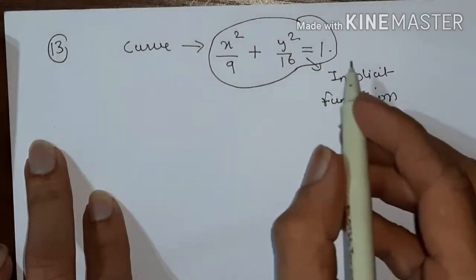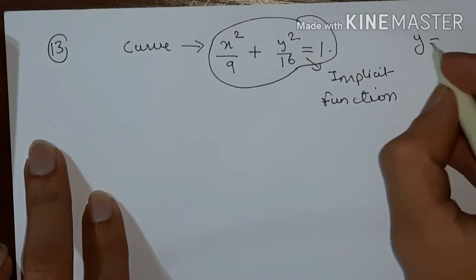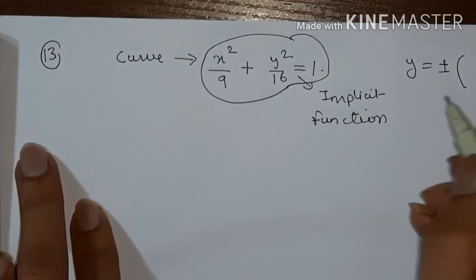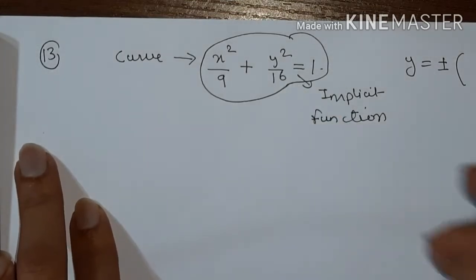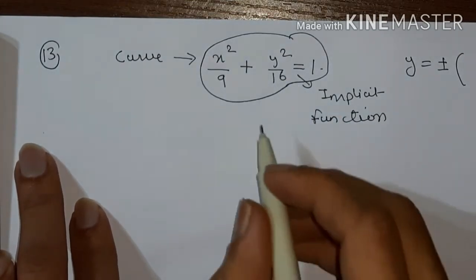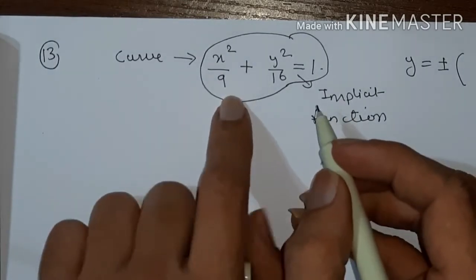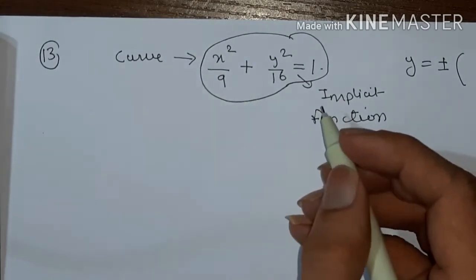You will get y equal to plus or minus something of x. So you cannot write y in terms of x alone, so the method of differentiation for this will be different.